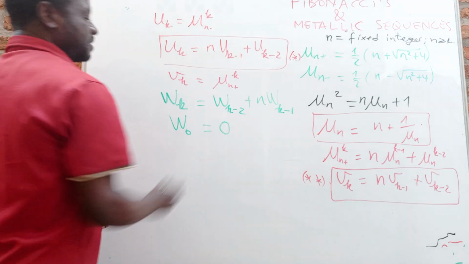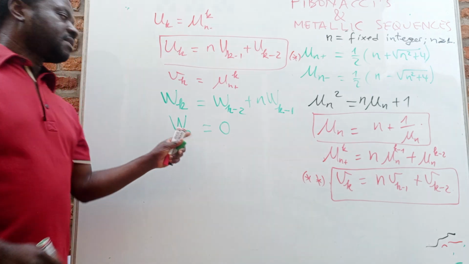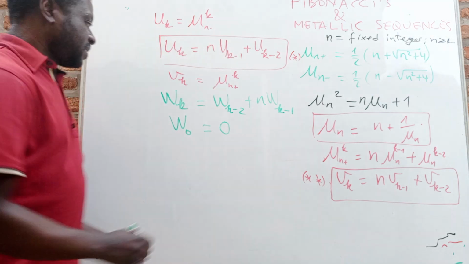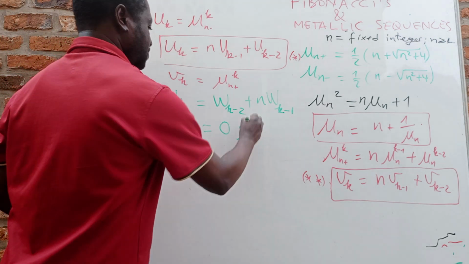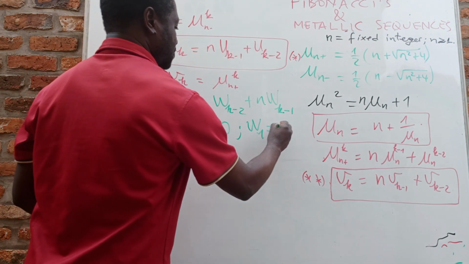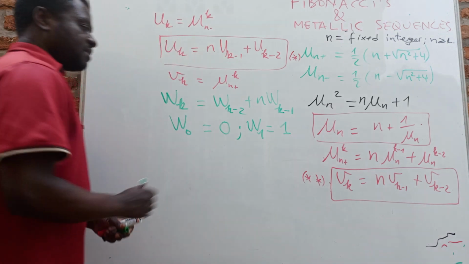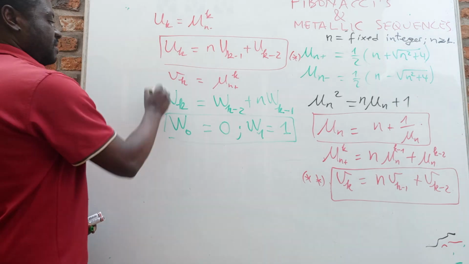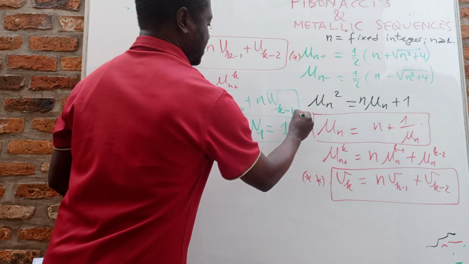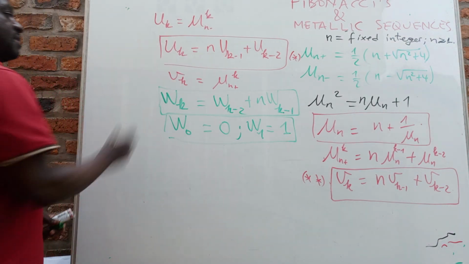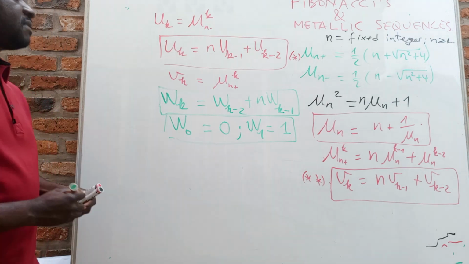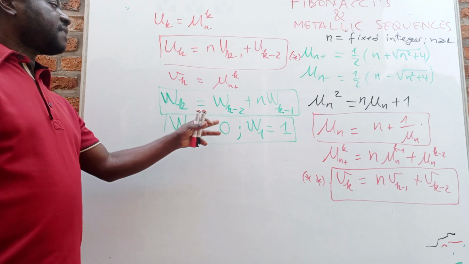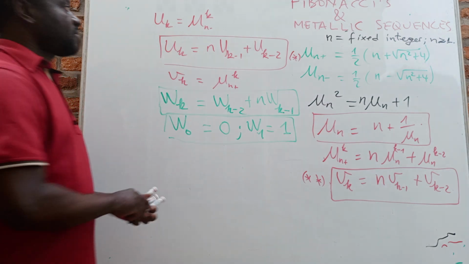Suppose we have initial conditions similar to the Fibonacci initial conditions, like w1 equal to 1, and this recursive relation serves to define the sequence.